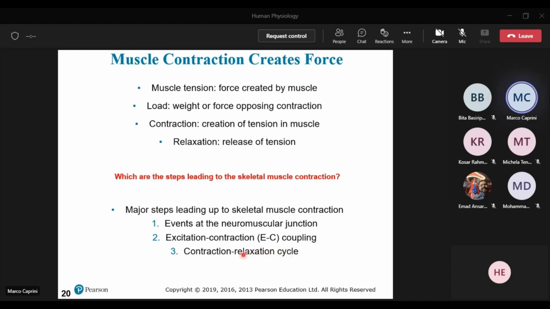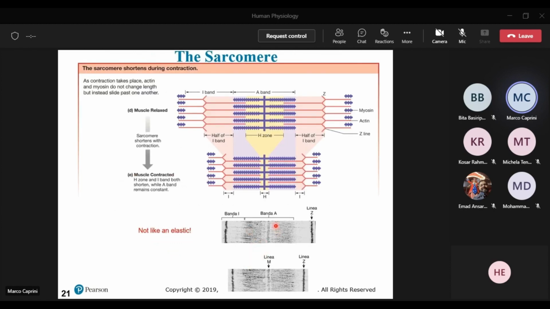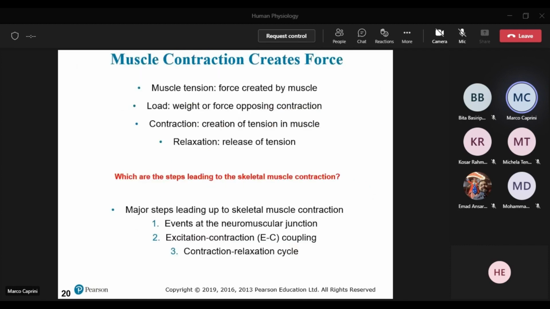The A band remains always at the same level because the contraction can take place when the actin filaments and myosin filaments move one into the other through the contraction-relaxation cycle, through the sliding filament theory of contraction.